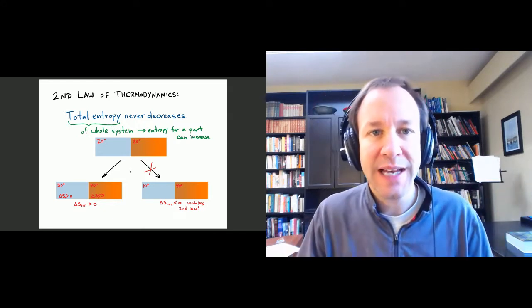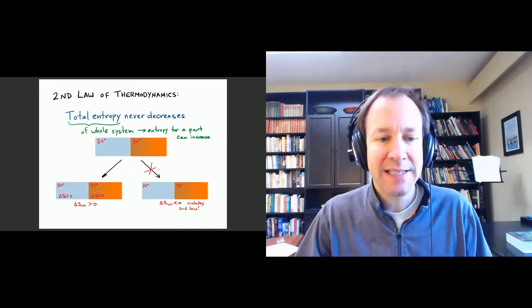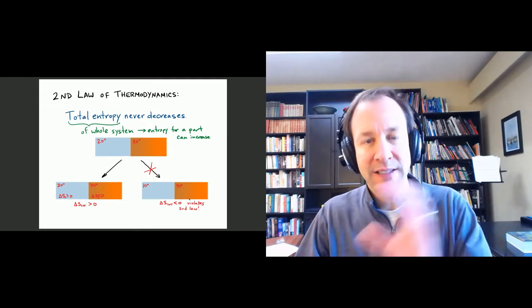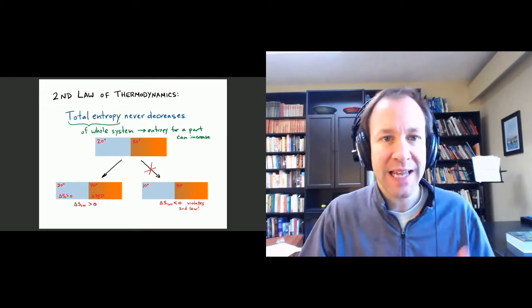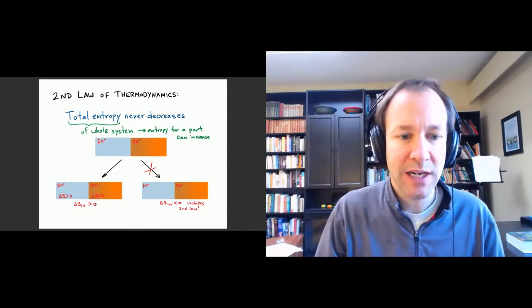We understood that microscopically as just the statement that there are vastly more configurations like the one on the left as compared to the one on the right. The entropy is just a measure of the number of such possible configurations.